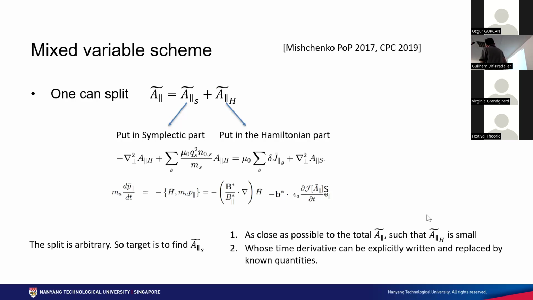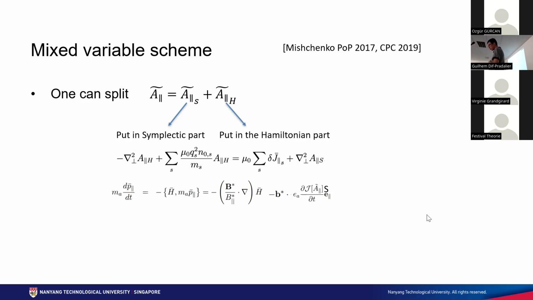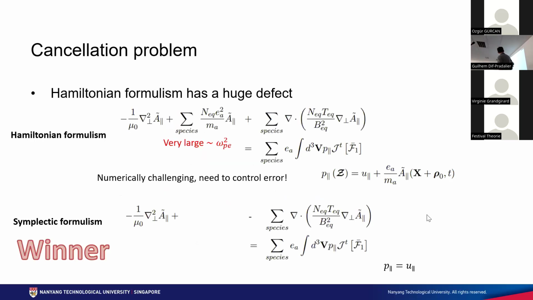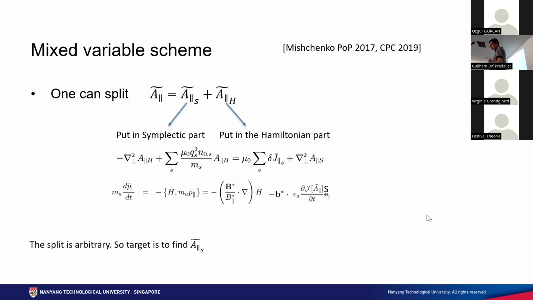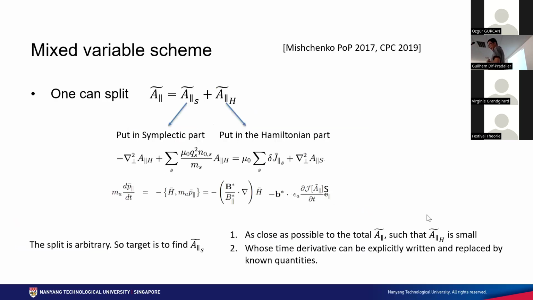He chooses it in such a way that the symplectic part is very big, almost dominating, and the Hamiltonian part is relatively small. Therefore, when we're looking at the cancellation problem, if we're trying to cancel the two terms, and the Hamiltonian part is very small, then there's no cancellation problem. So this is the way that we take to code it up in GYSELA.